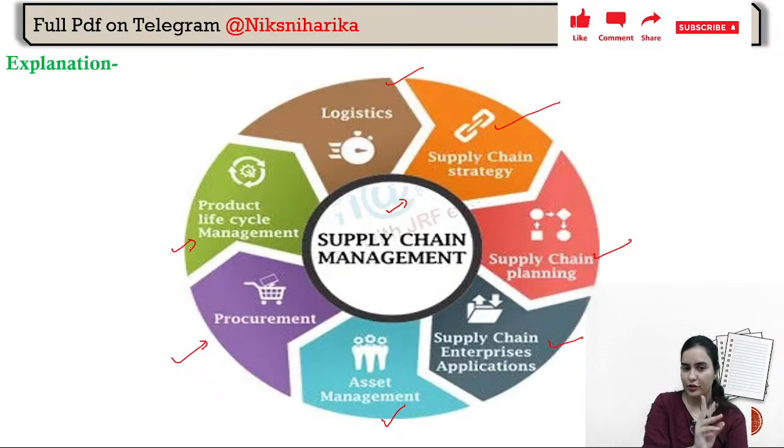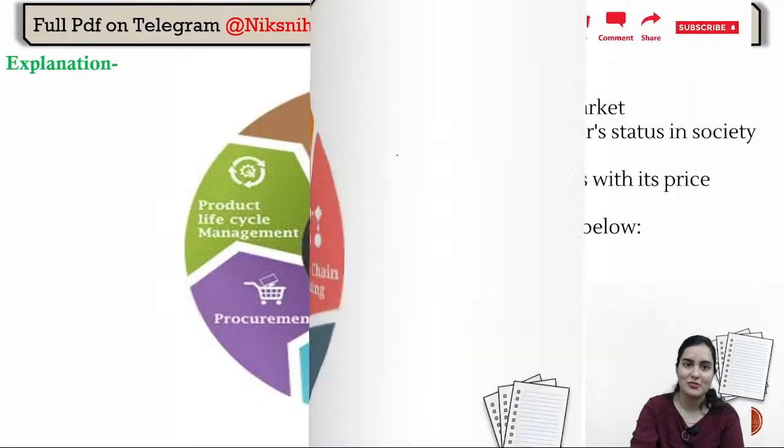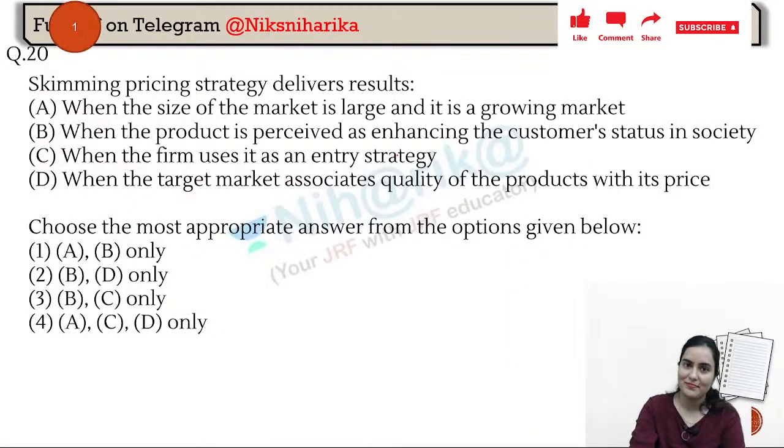So if you want to see again why option B is wrong: option B was saying that if you make use of the large supply chain management, that means make use of this full system, then you will be increasing your competitors. No, you will be better than your competitors. So your competitors will reduce because you are the leader in using this management system.